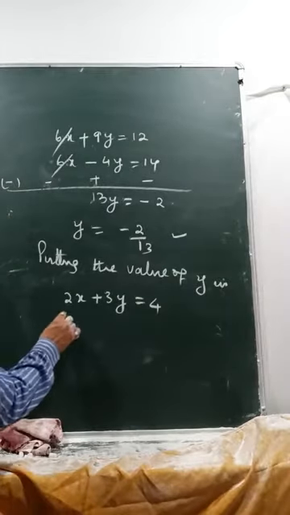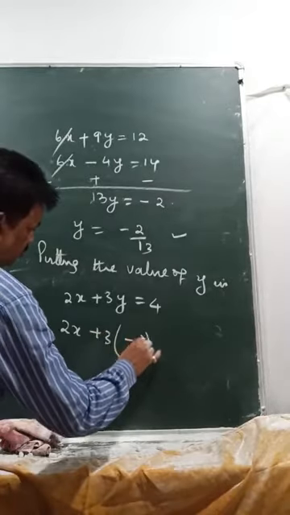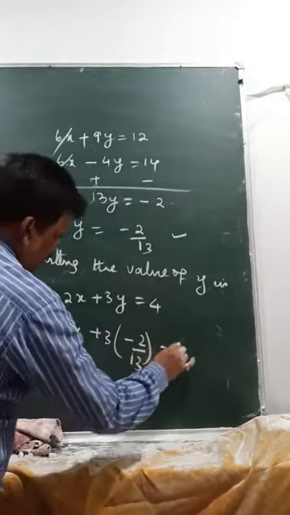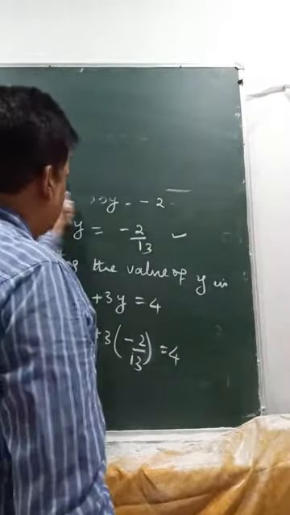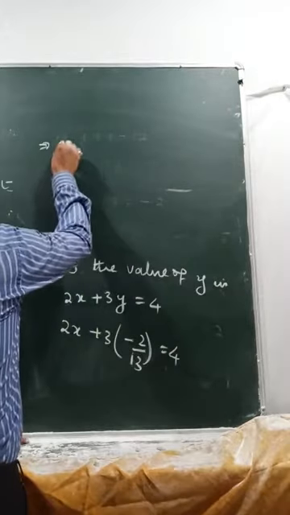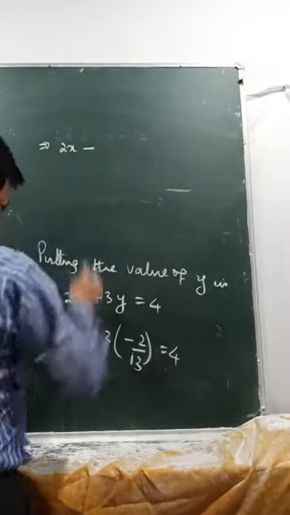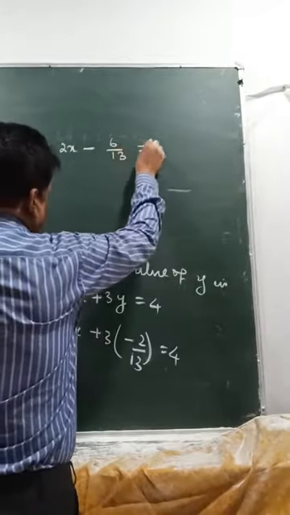So I put 2x plus 3 into minus 2 by 13 equals 4. Then you get 2x plus minus 6 by 13 equals 4.